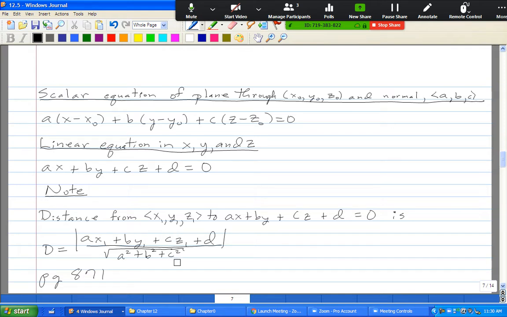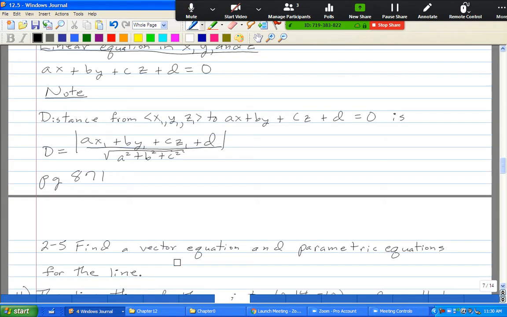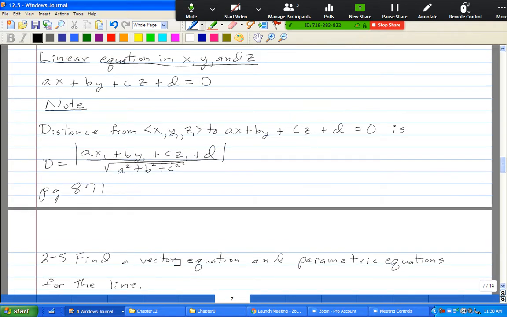So let's do some examples. On page 871, in exercises 2 through 5, find a vector equation and the parametric equations for the line.